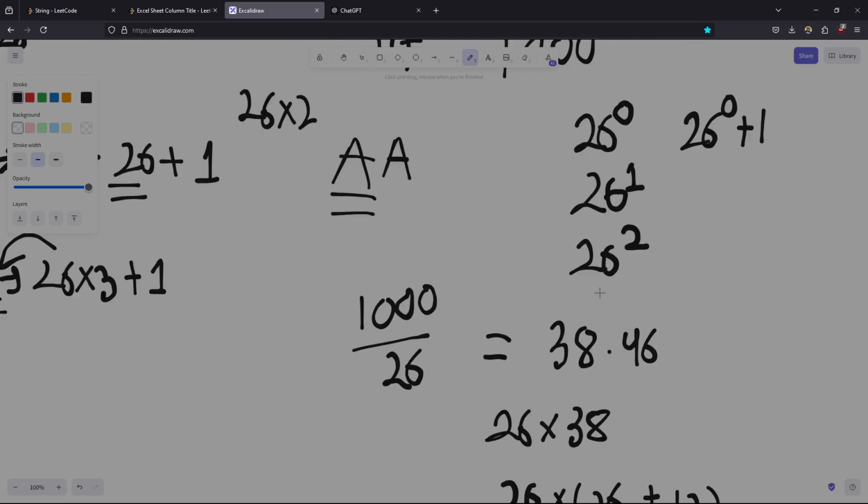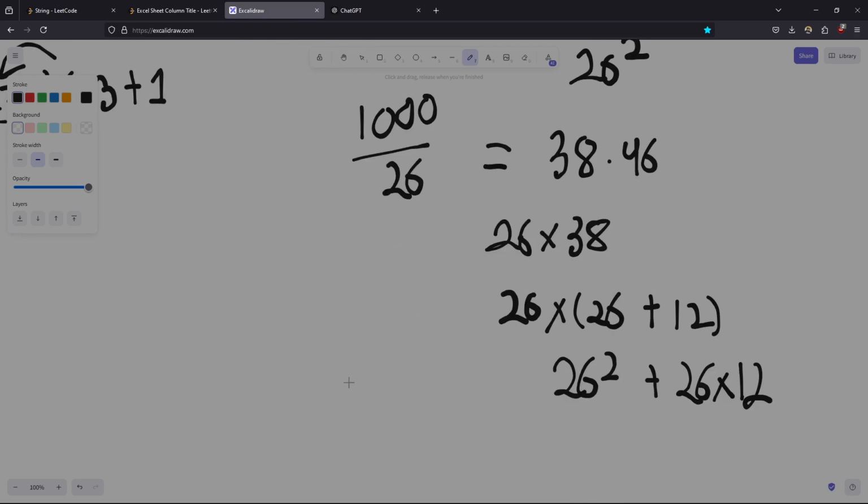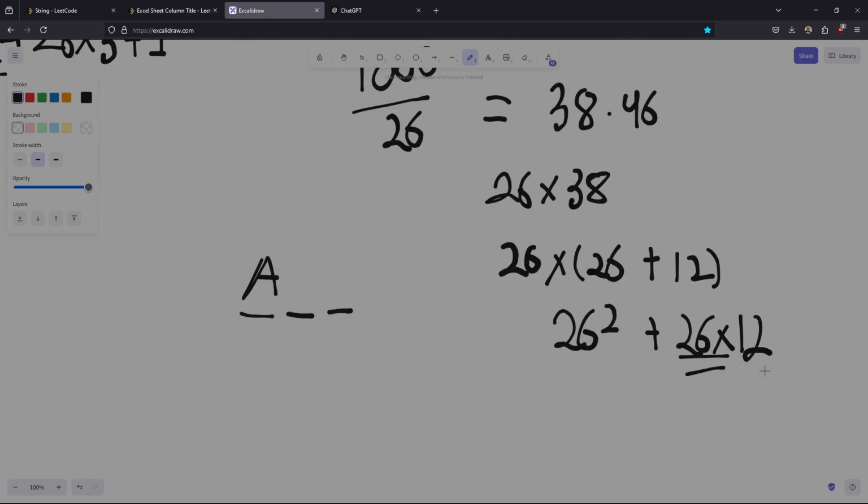If it is 26 squared, then it means that A is in third place, but we have 26 here too. And 26 times 12 means we have to go on by 12 digits, J K L. So here it will be L, and in second place what will be?